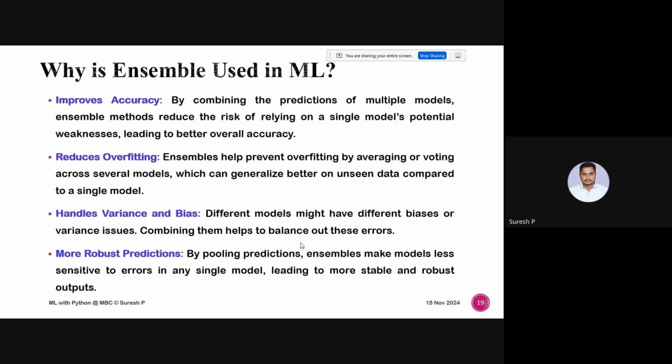Since we are getting the outcome from multiple models, we can come to a strong conclusion with specific outcomes, so that it will provide more robust predictions. By pooling predictions, ensembles make models less sensitive to errors in any single model, leading to more stable and robust outputs.